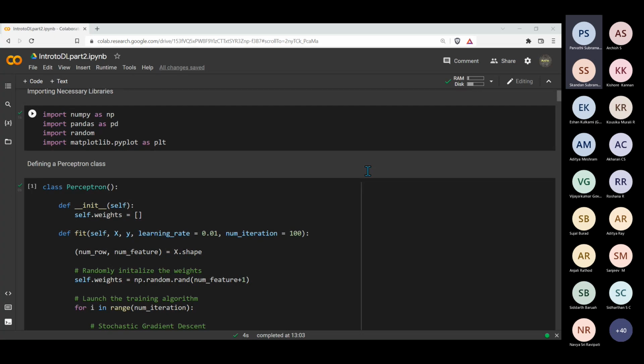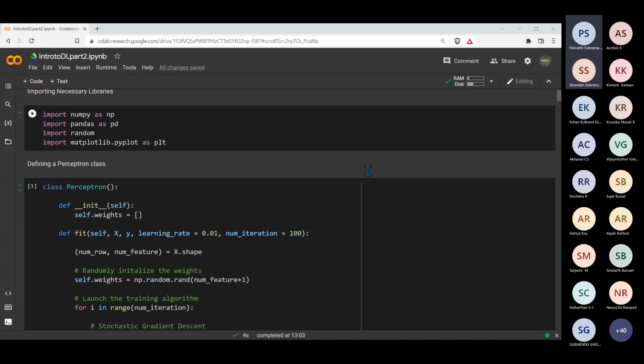The fit function takes in the parameters x, which is the training input data, and y, which is the set of output data, which we'll use for calculating loss, etc. Finally, we have a learning rate and number of iterations. When you declare the fit function, you can change these to other values if you want to.